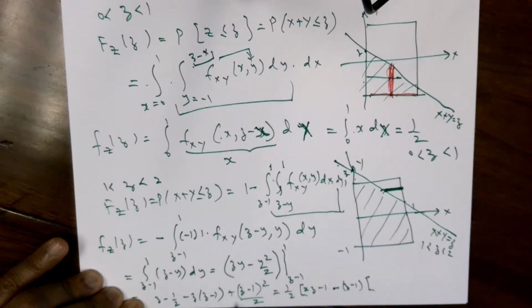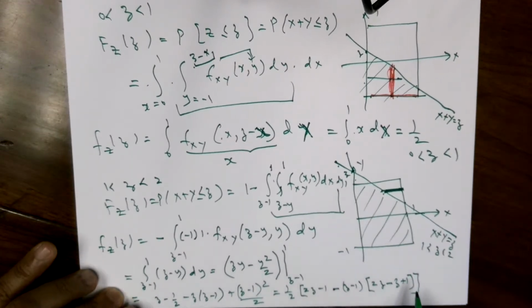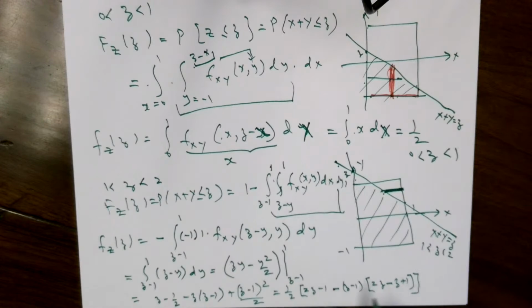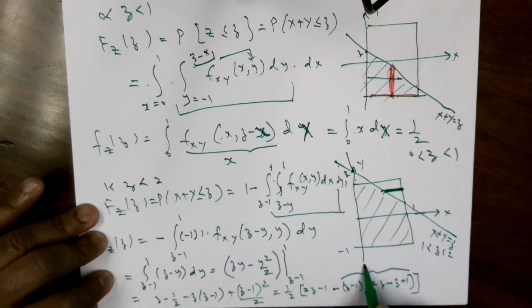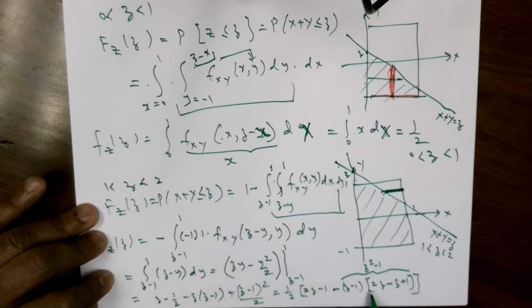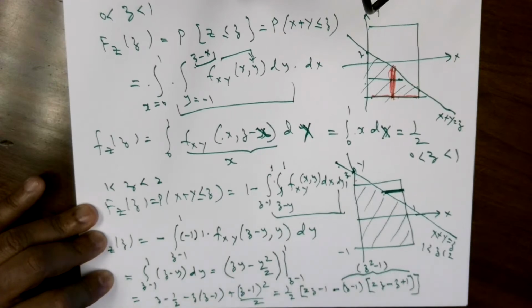Then because of this 2z, and minus this, that becomes z plus 1. So if you put everything together, this is just z plus 1, so this whole thing becomes z squared minus 1, because (z minus 1) multiplied by (z plus 1) is z squared minus 1.